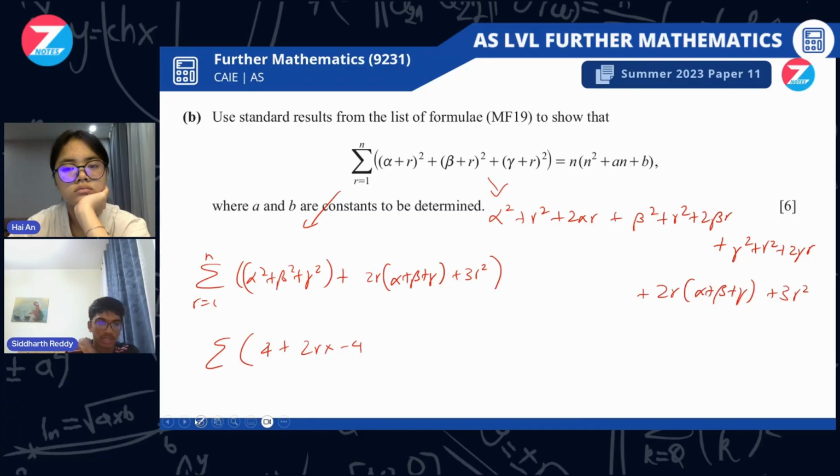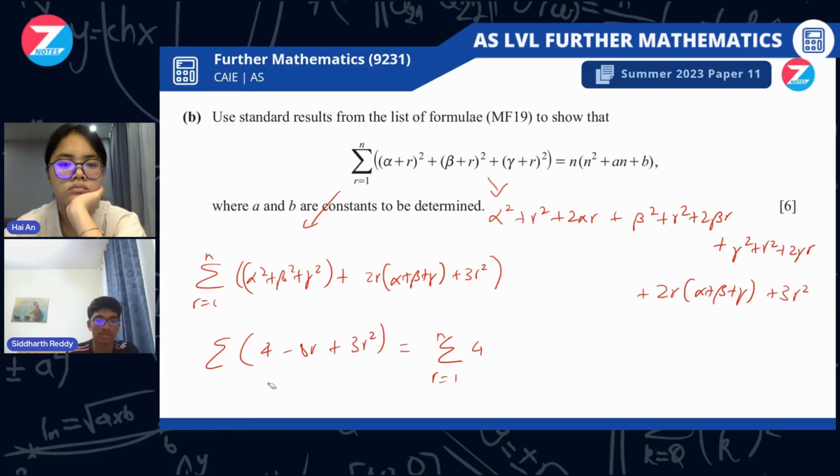So this is just minus 8r plus 3r square. So we can write this as the sum of, I won't be writing it every time, but constants can move outside of the summation. So this becomes minus 8 summation of r plus 3 summation of r square.